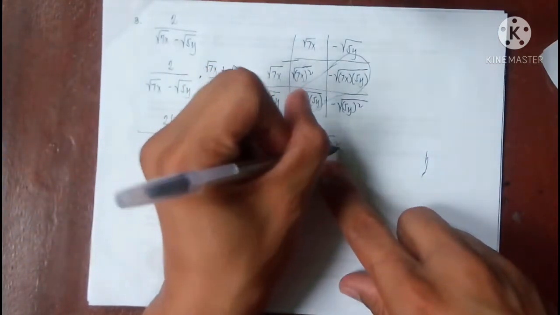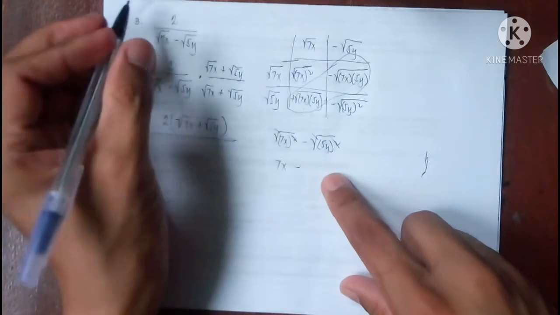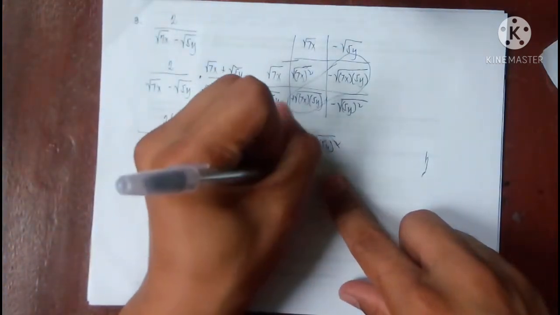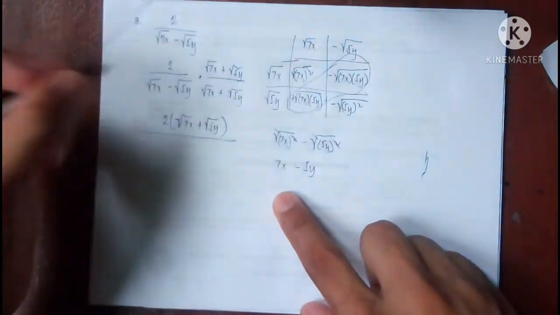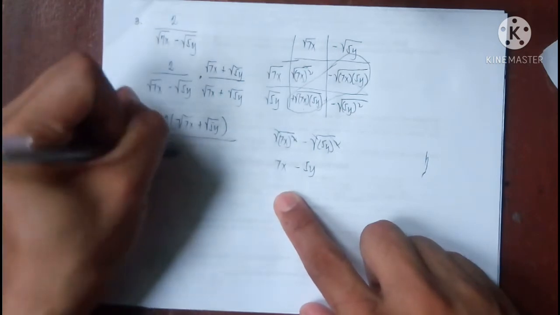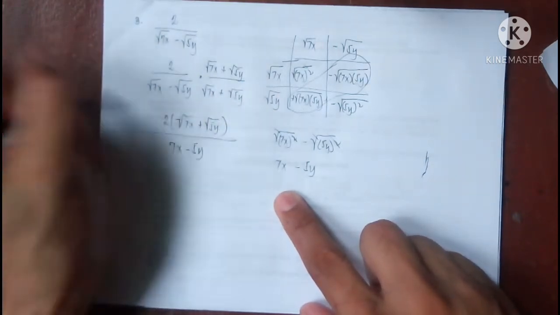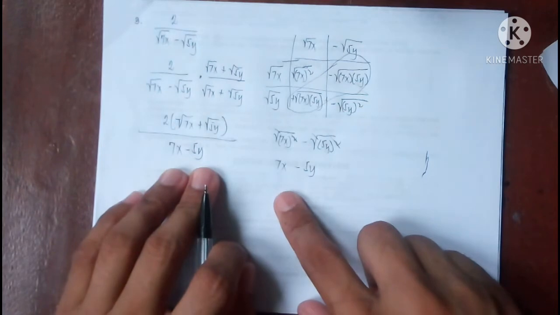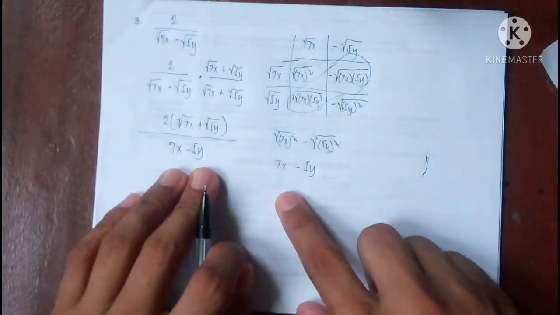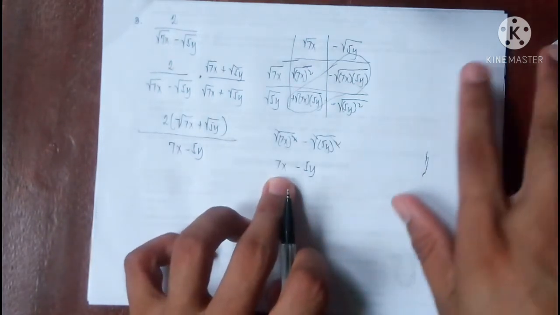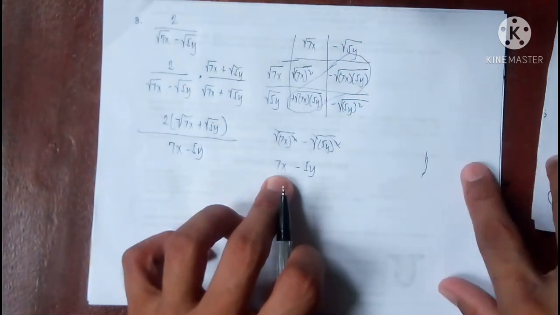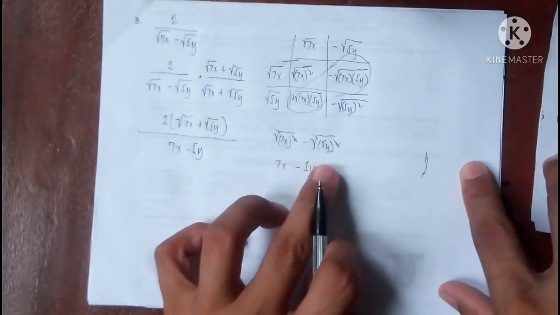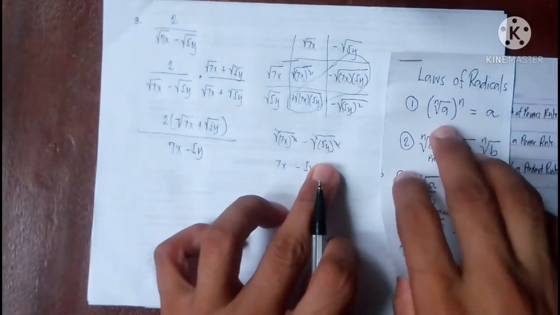Ganun din dito, makakancel out yung square saka yung square root. So, we will have 5y. Siya ang ilalagay natin dito sa denominator. So, wala nang radical sa denominator. Di ba? Okay, so ginamit natin sa pag-simplify ng square root of 7x squared minus square root of 5y squared yung law of radical number 1.